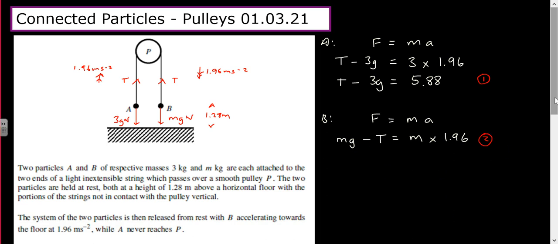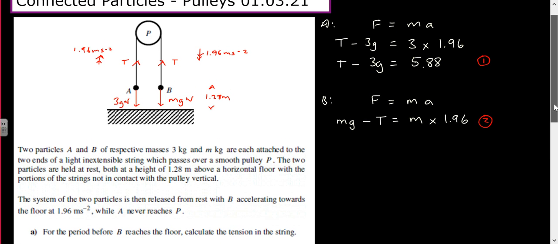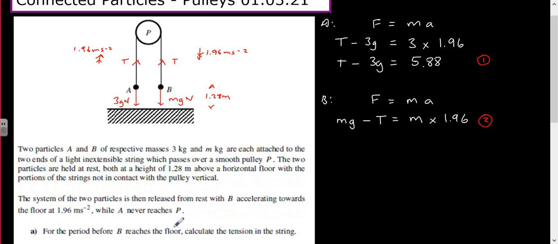So I'm now going to look and see what the question actually wants me to do. For the period before B reaches the floor, calculate the tension in the string. Well, I can get that from equation 1, because the only unknown in equation 1 is T, the tension. G is 9.8, so we can work it out. So to begin answering the question, I'm going to say T minus 3g equals 5.88.